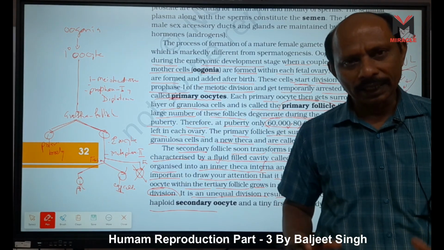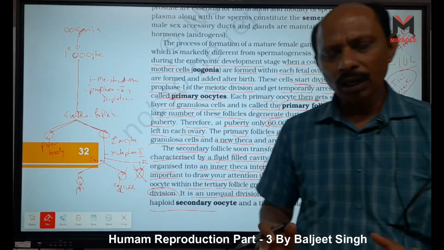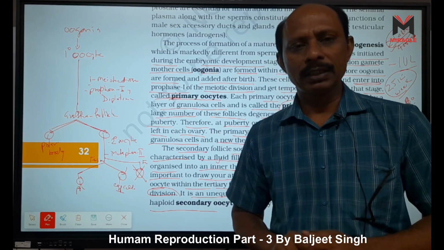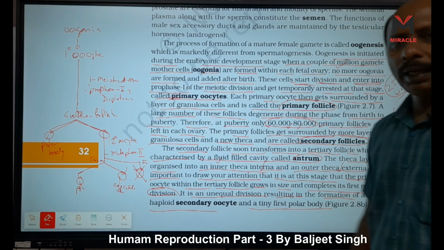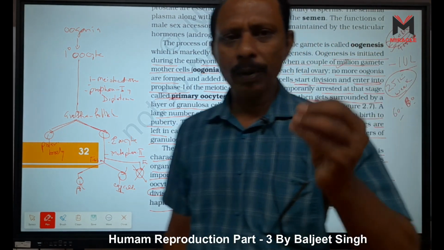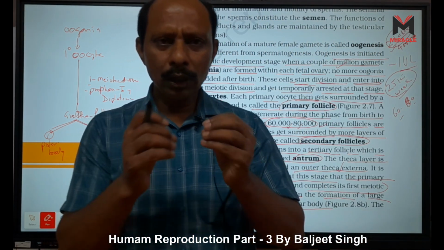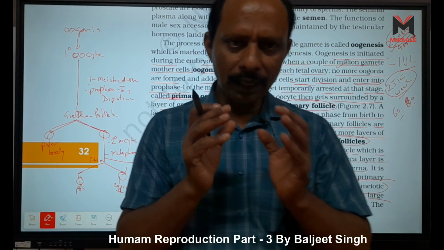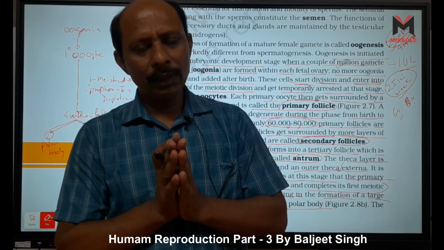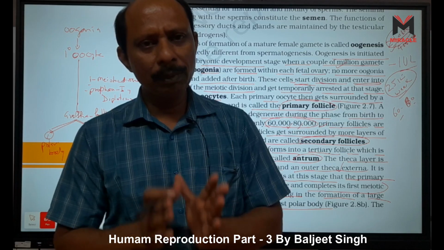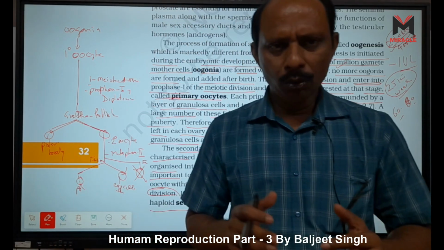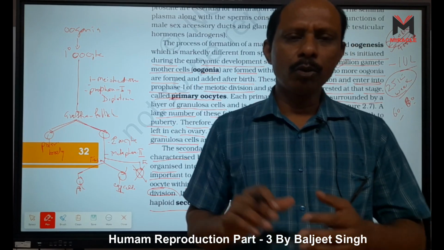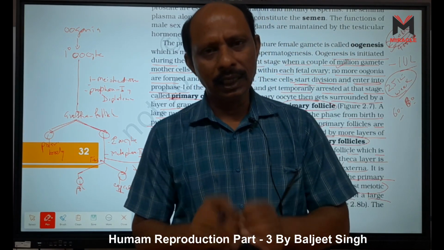Large haploid secondary oocyte means large, what large? It has more cytoplasm, right? And a teeny first polar body, teeny means very small, in which the cytoplasm is very little. Due to the very little cytoplasm, sometimes it degenerates without division. Sometimes it divides into two other polar bodies, but mostly it does not divide, it degenerates, right?